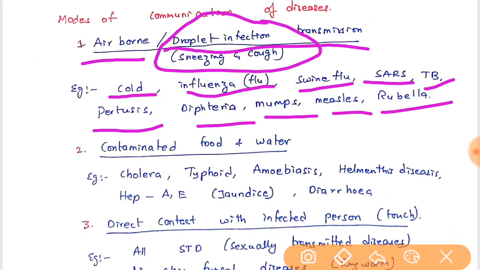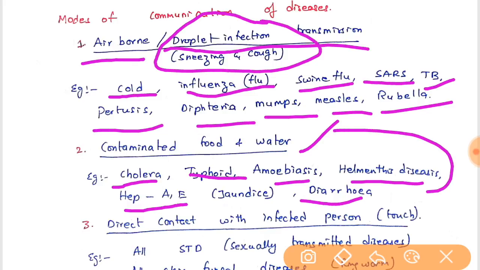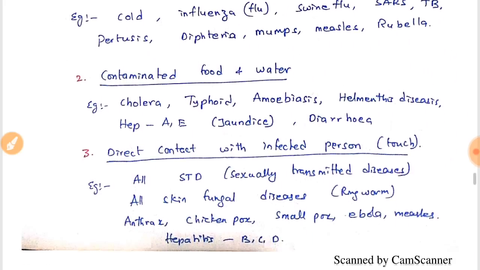And contaminated food and water, for cholera. You should remember, friends: cholera, typhoid, amoebiasis, helminthic diseases, hepatitis A, E, that is jaundice, diarrhea, all these will be transferred from one person to another through water or food contamination, friends. The direct contact.